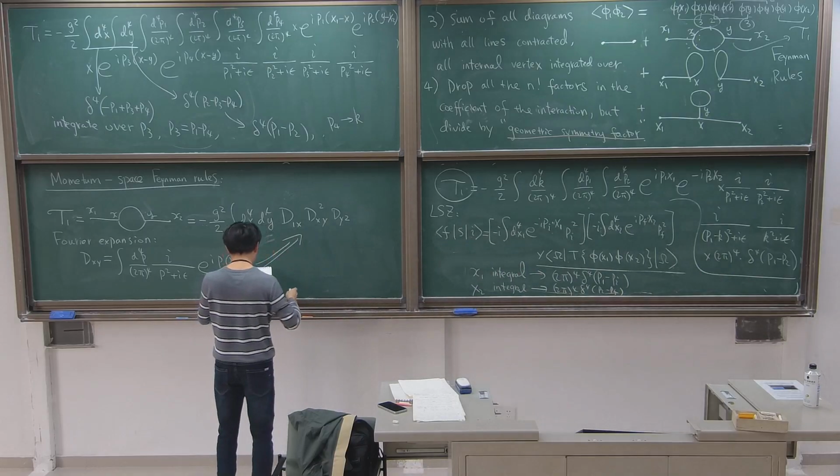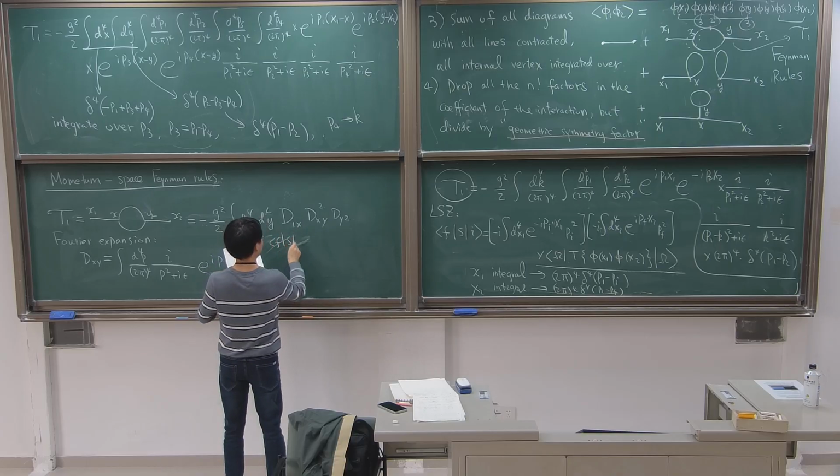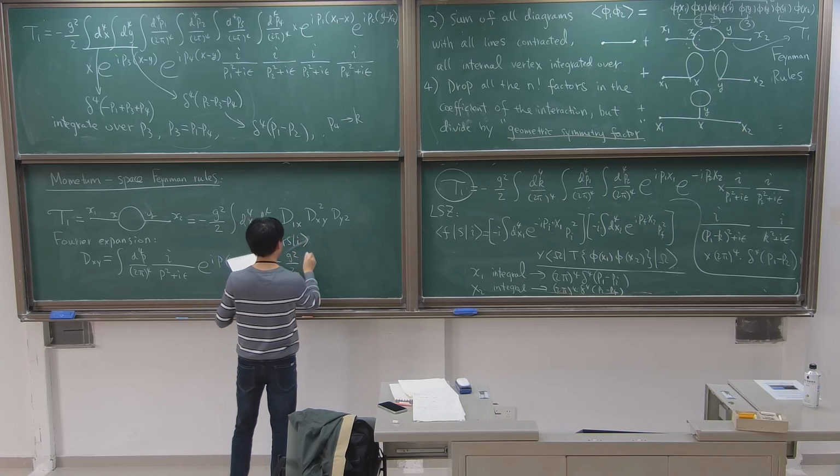So let me just show you the final result. This will be minus G² over 2.